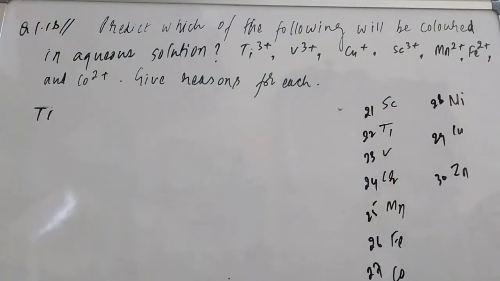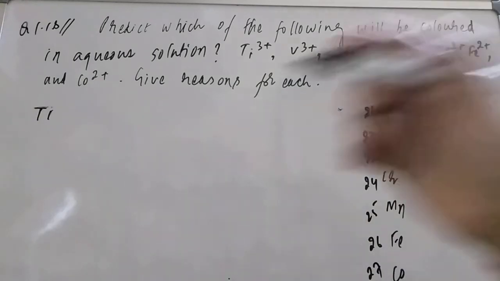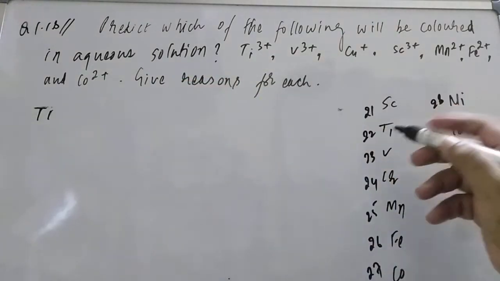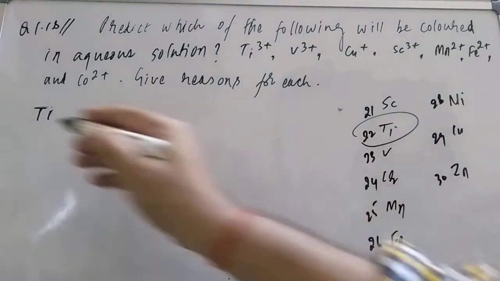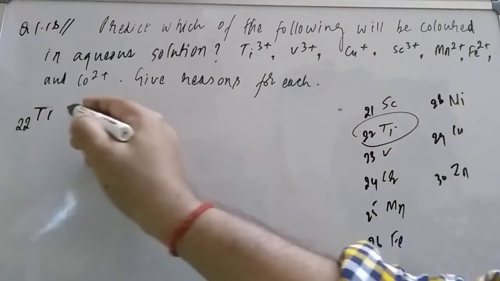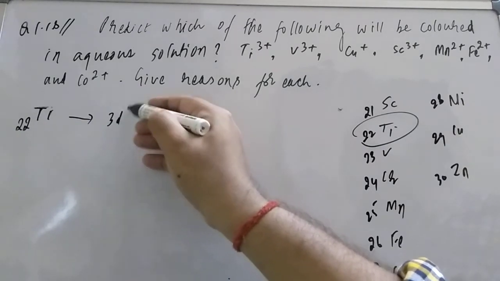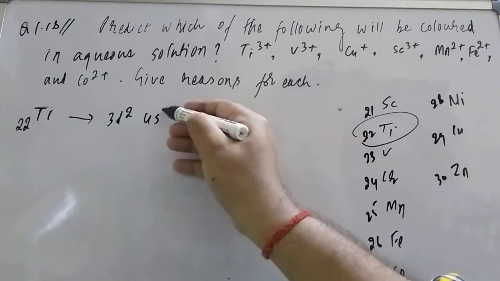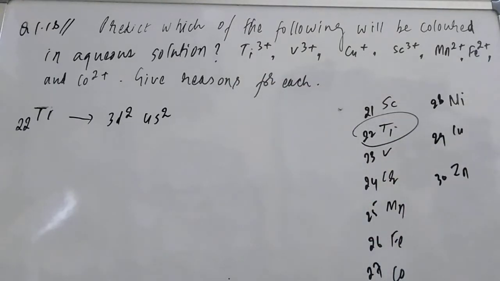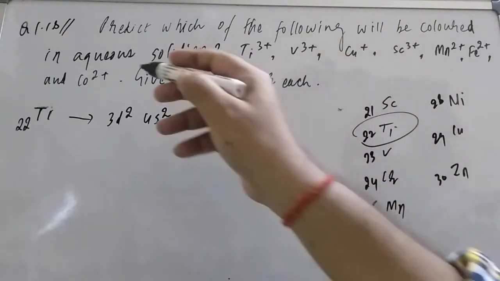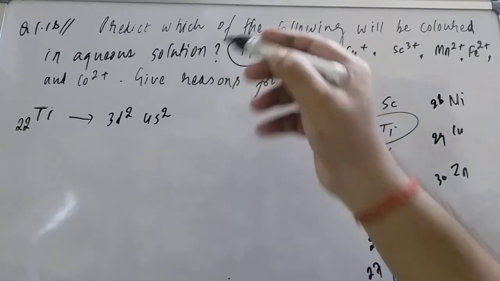Now titanium: how much is the atomic number? 22. So the configuration is 3d2 4s2. This is the titanium configuration. And they have given Ti3+.